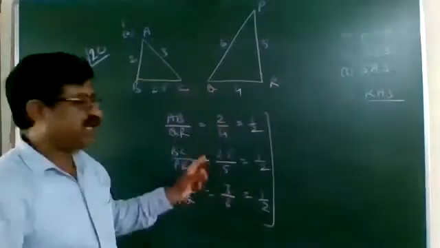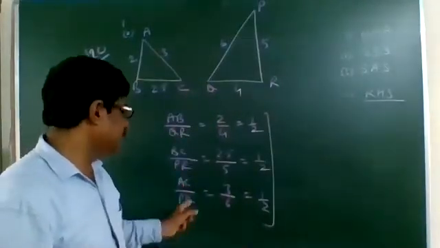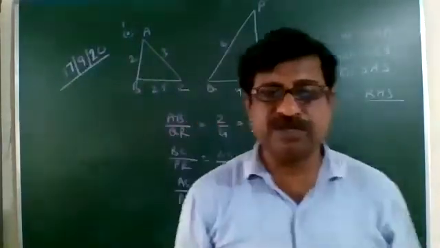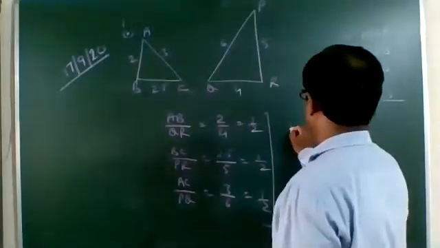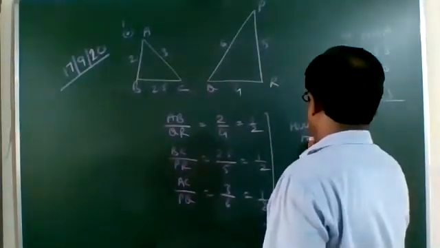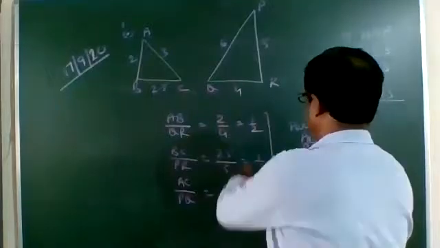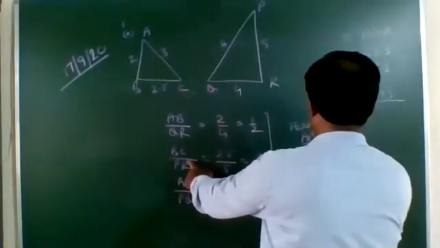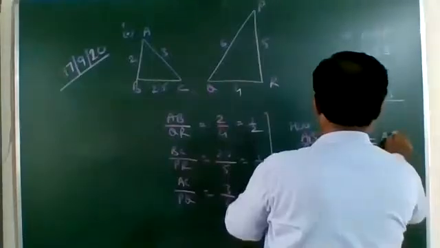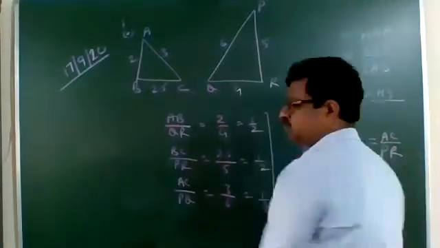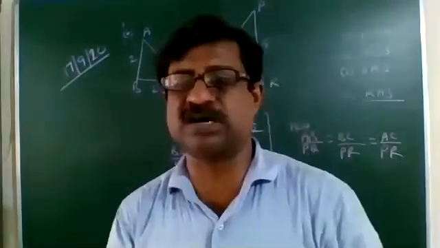So we got AB upon QR, BC upon PR, and AC upon PQ, and all of them are in proportion. All the ratios are 1 by 2.